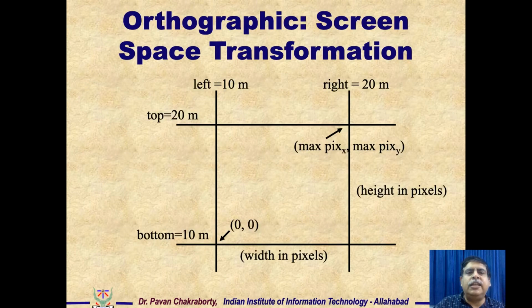Now, orthographic screen space transformation. Supposing I have got a location where my screen is defining this corner as 0, 0, while the opposite corner is the maximum pixel in X and maximum pixel in Y. And this is mapped to a physical coordinate of the world as bottom equals 10 meters, top equals 20 meters, and left equal to 10 meters, and right equal to 20 meters.